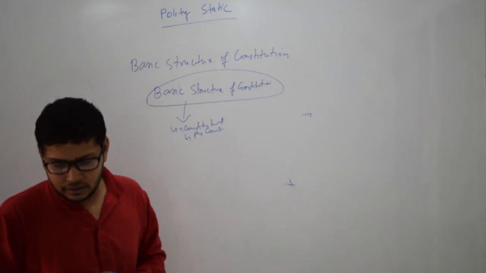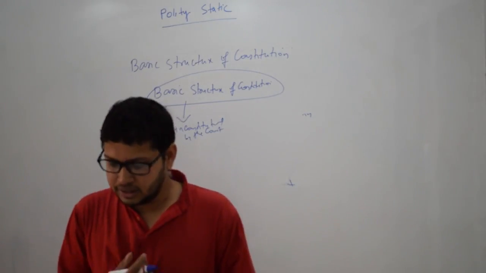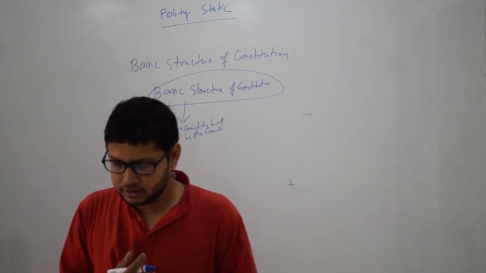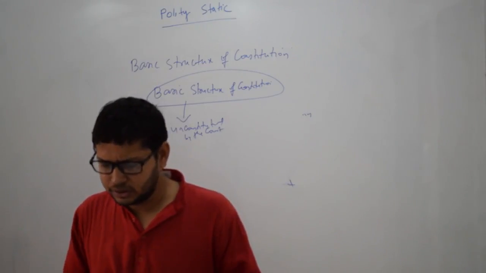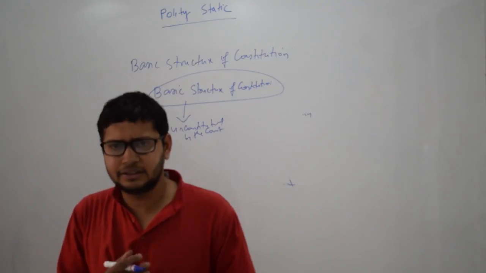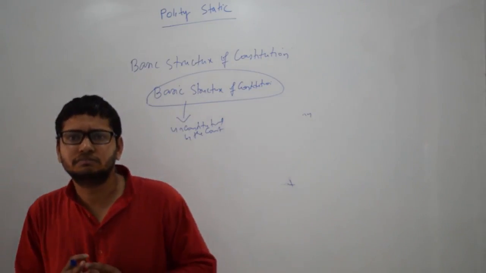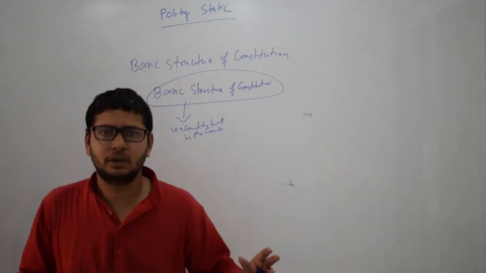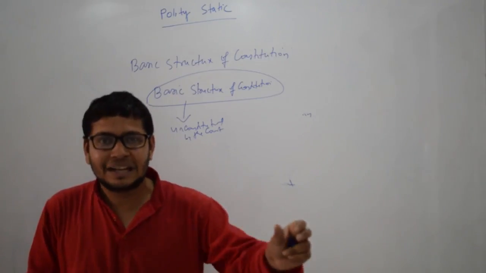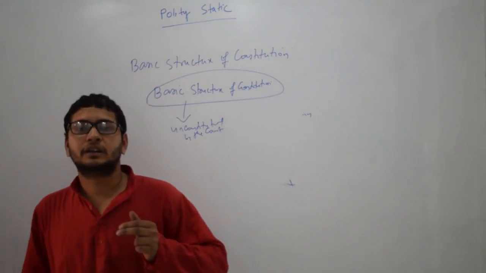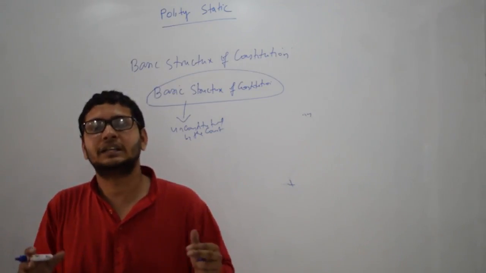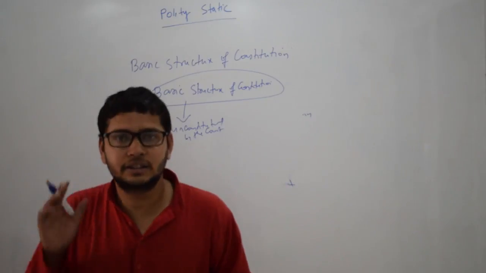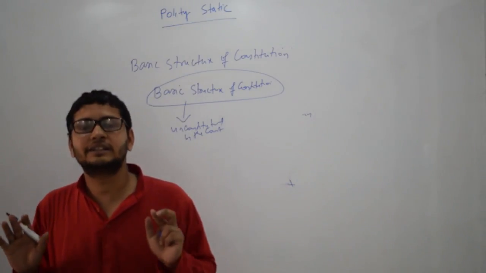Then in the 42nd Amendment, as we know, the government amended and said that while implementing DPSP, the government can pass any law, and even if it violates the fundamental rights, it is still a valid law.